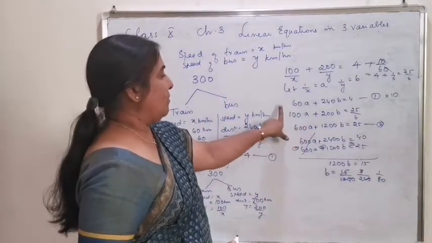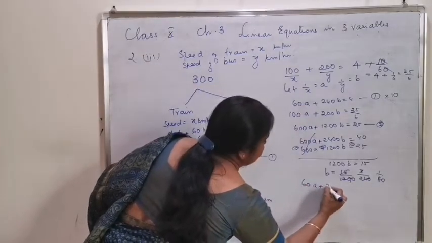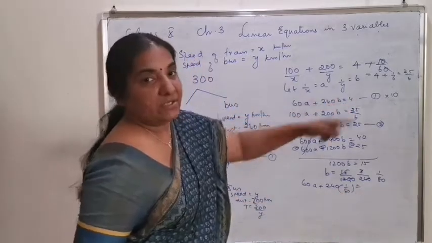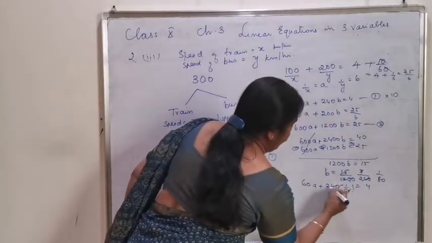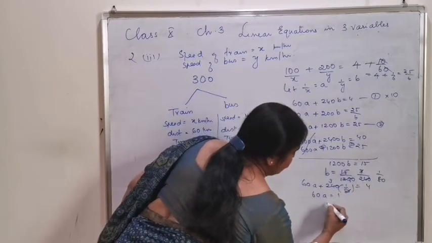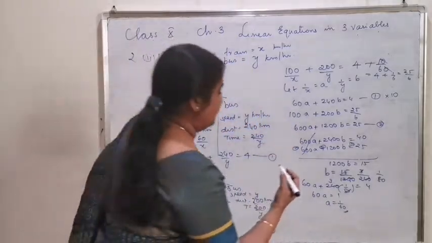Substituting the value of b, 60a plus 240 into 1 by 80 is equal to 4, 3. 60a is equal to 4 minus 3, 1. A is equal to 1 by 60.